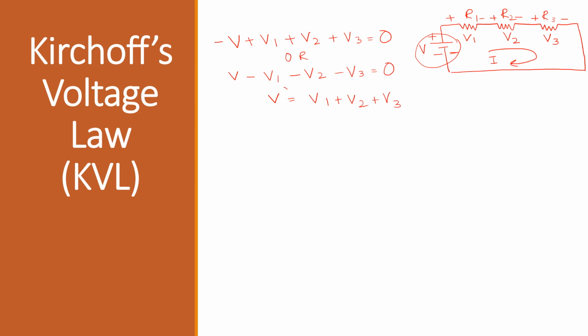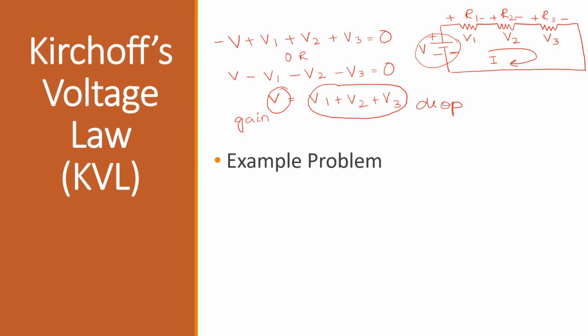Here this V is telling us about voltage gain, and these V1 plus V2 plus V3 are representing voltage drop.